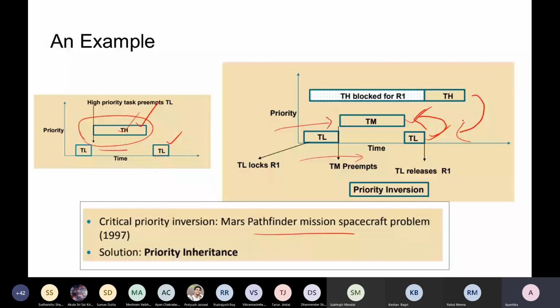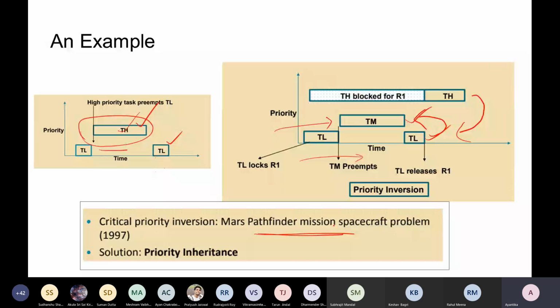But since multiple such medium priority tasks stalled the low priority task, the high priority task also got stalled. It was a critical task required for actual processing of the Pathfinder mission, and that also got stalled and missed the deadline.